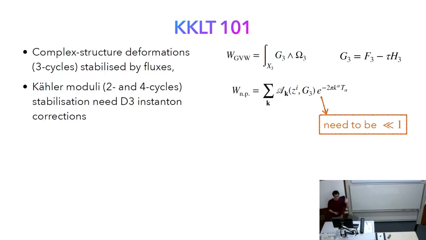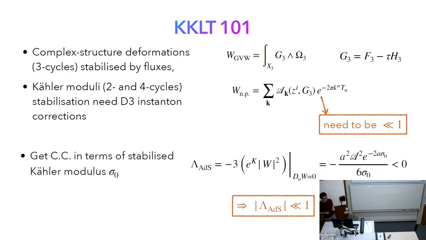Once you stabilize these complex structure deformations, you can, on top of this, stabilize the Kähler moduli. This is the proposal from KKLT, right? These moduli control 2-cycles and 4-cycles, and for this stabilization you need some D3-instanton corrections. What you need is for these exponentials to be very, very small, otherwise your computation is not valid.